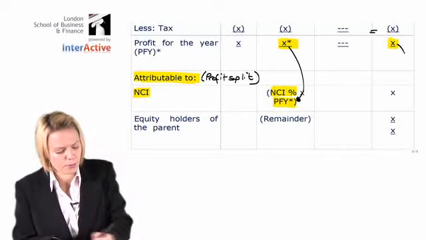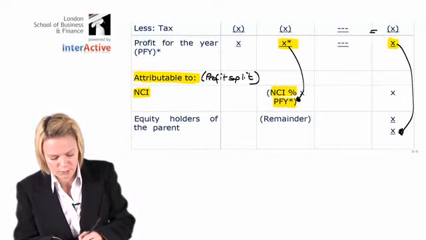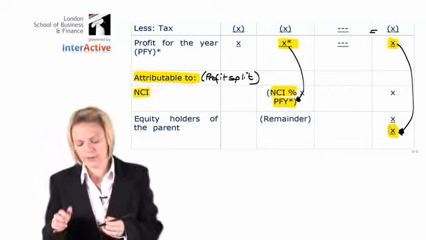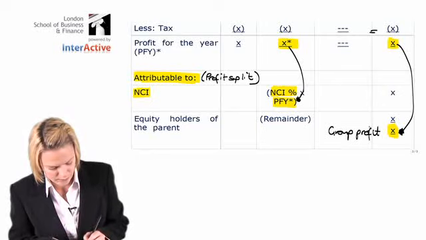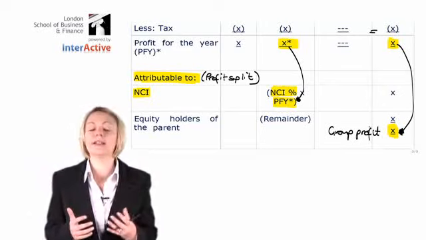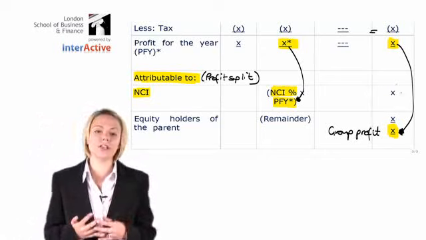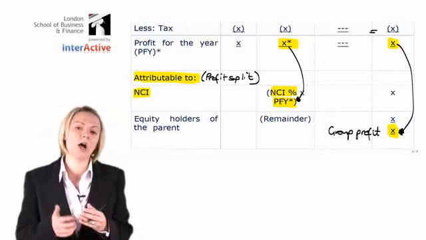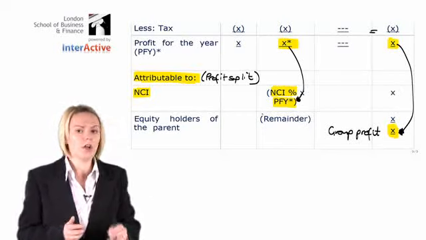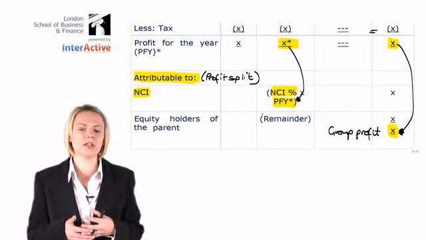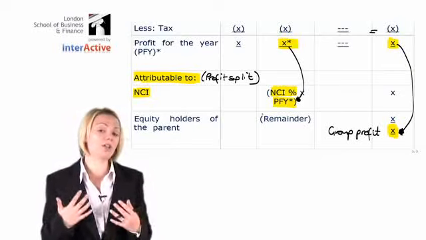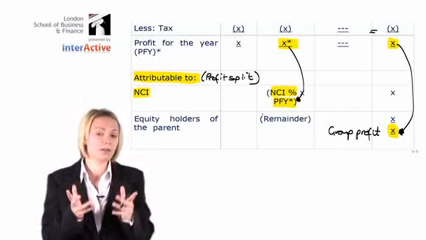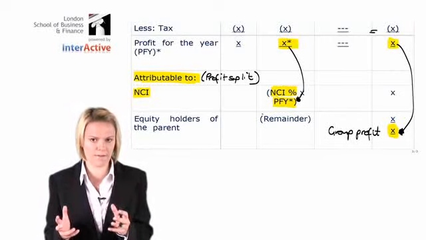Now, we know that group profit will be the total. So that's going to come down here to the total. Now, if we know group profit is, let's say, $1 million, and we know that $200,000 is going to the NCI because we did our calculation, well, then the other $800,000 must be attributable to the shareholders of the parent. In other words, all of the parent's profit plus 80% of the subsidiary's profit.